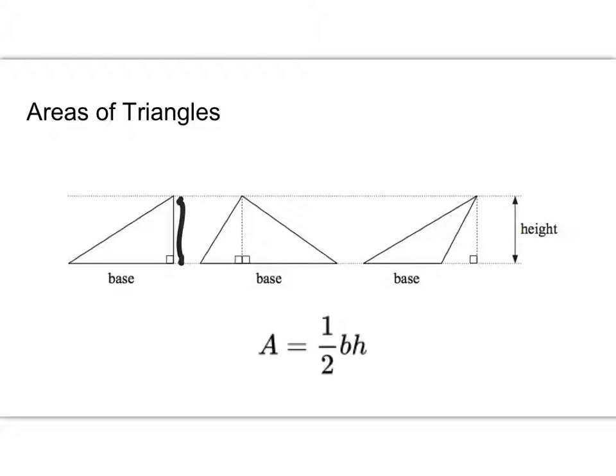Here I have an acute triangle, and the height, if that's my base, is this. And over here I have an obtuse triangle, and in order to find the height I have to drop an altitude down that forms a right triangle outside of my triangle.